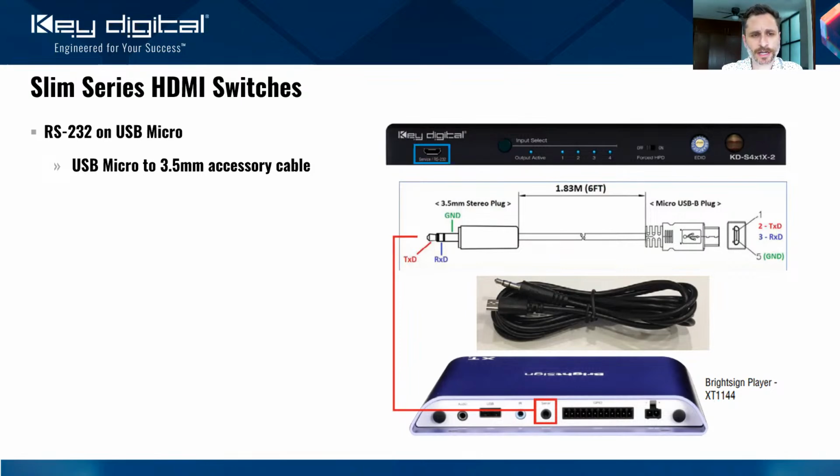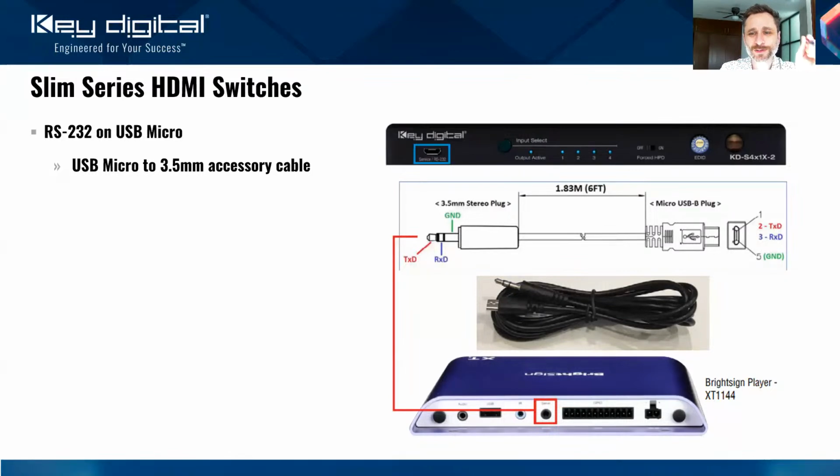It was very specialized. But now we support RS-232 control on this USB, and we include this diagrammed cable here that's 3.5 millimeter for you to plug in your control system, like our BrightSign player here.